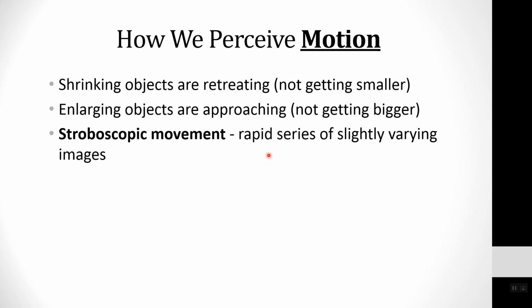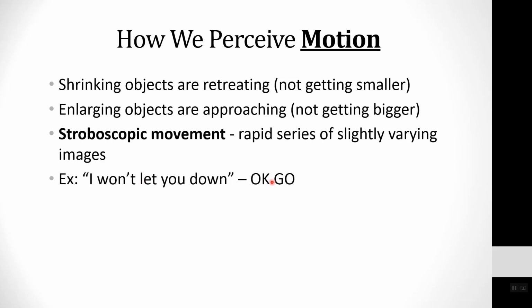For example, a flip book is a bunch of different images, and as long as you see a rapid series of them moving, that gives the illusion of motion. So think of a flip book when you think of stroboscopic movement. It tricks us into perceiving this kind of motion.